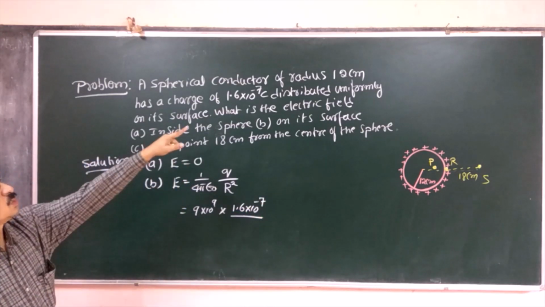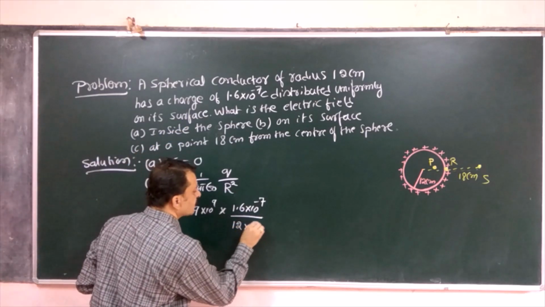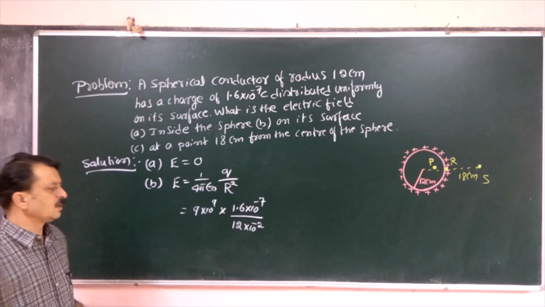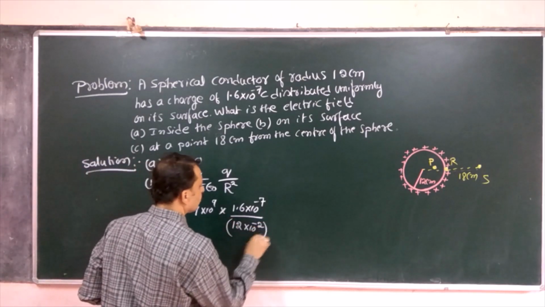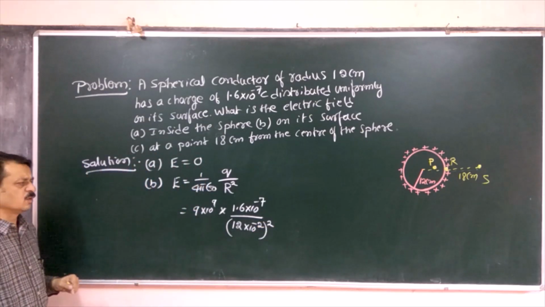Now radius is 12 centimeter. 12 centimeter ಅಂತ ಕೊಟ್ಟಿದ್ದಾನೆ. 12 centimeter ಅಲ್ಲಿ ಸಬ್ಸ್ಟಿಟ್ಯೂಟ್ ಮಾಡಂಗಿಲ್ಲ ನೀವು ಅದನ್ನ. We have to convert it into meter. Meter ಗೆ ಕನ್ವರ್ಷನ್ ನಾವು ಮಾಡಲೇಬೇಕಾಗ್ತದೆ. 12 into 10 to the power of -2 square or 0.12 whole square ಅಂತ ಹೇಳಿ ನಾವು ಬರೀಬಹುದು.